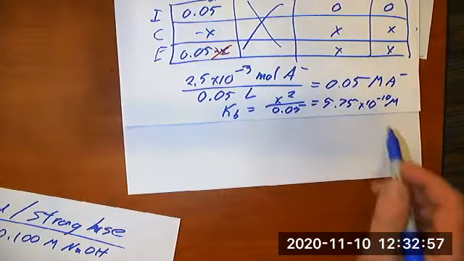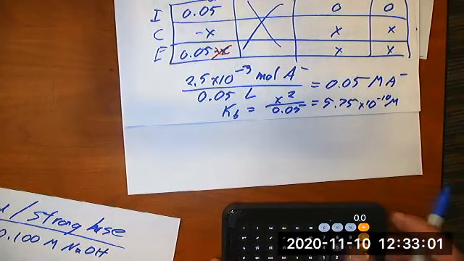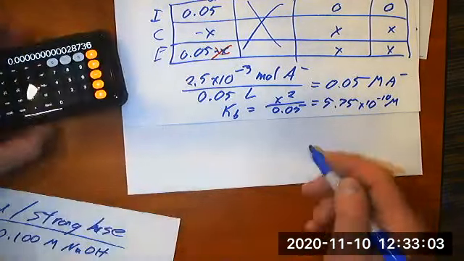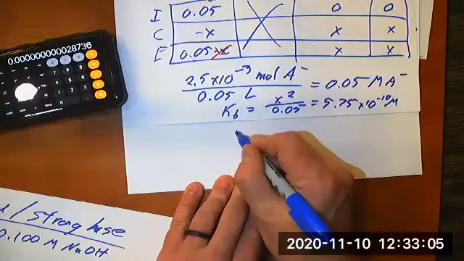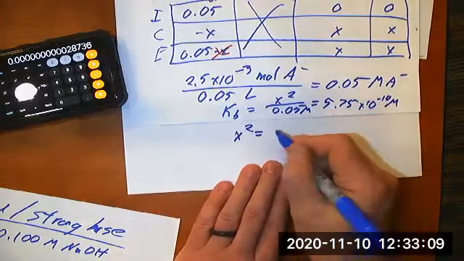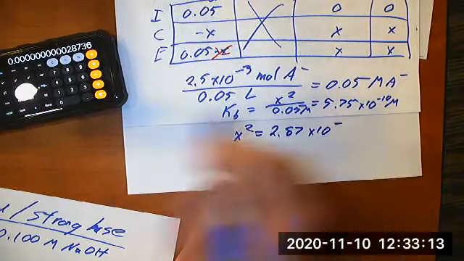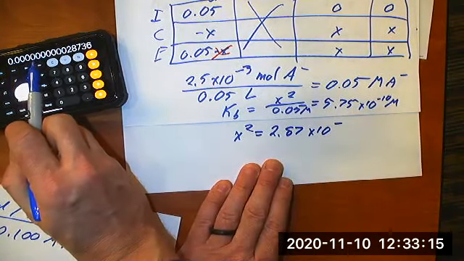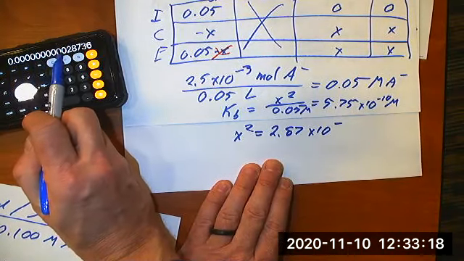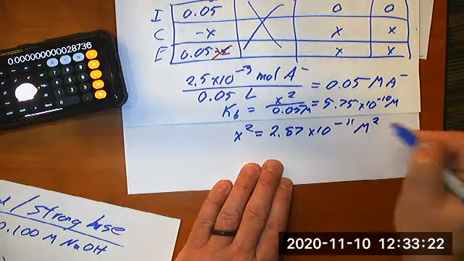So we take this value times 0.05, and we get x squared equals, remember that should be a molar, 2.87 times 10 to the negative 11 molar squared.